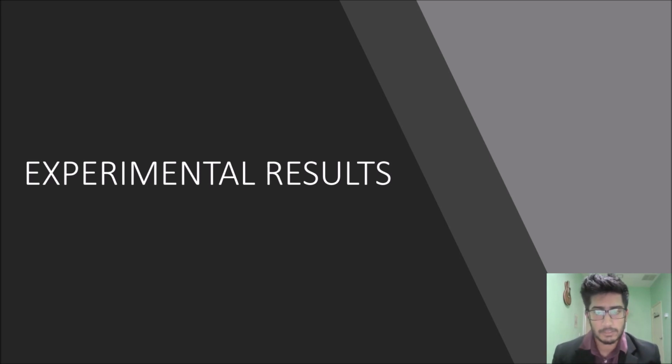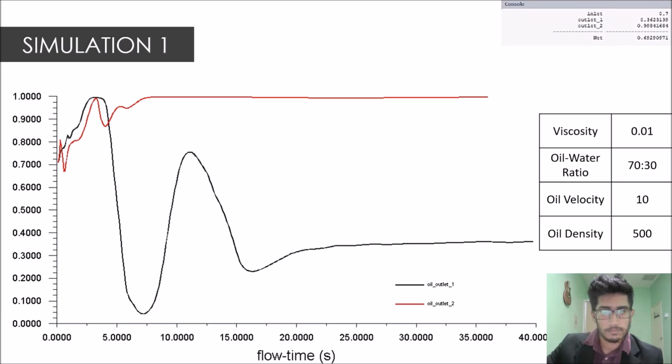I'm Nanda, and I'll be talking about the experiment results on this part. So this is the experiment result for simulation 1, for viscosity 0.01, oil water ratio 70:30, velocity 10, density 500. So these are the results. At outlet 2 it is 100%, oil at outlet 1 is around 36%.